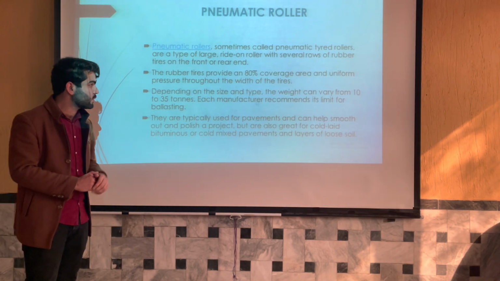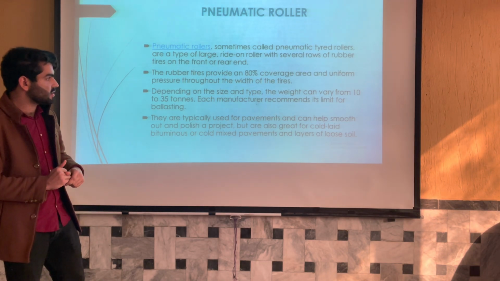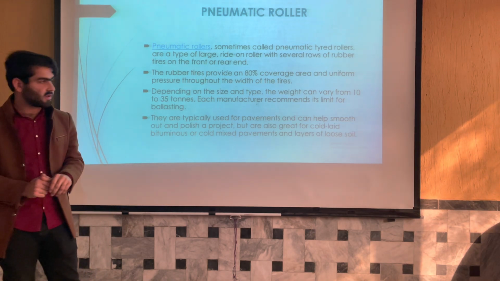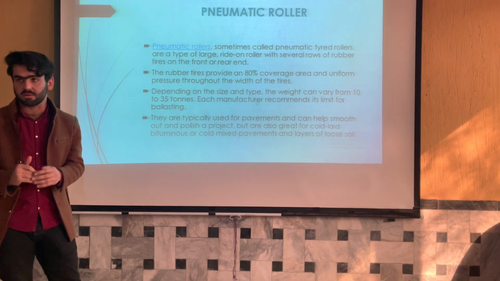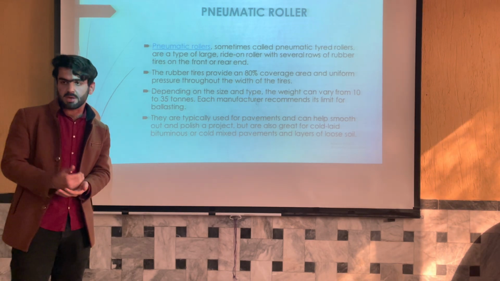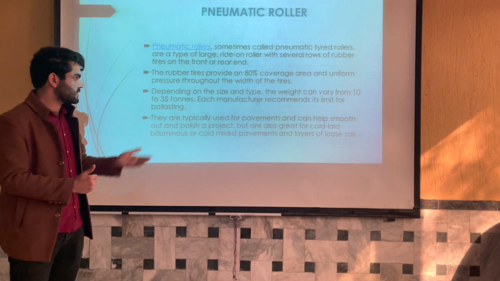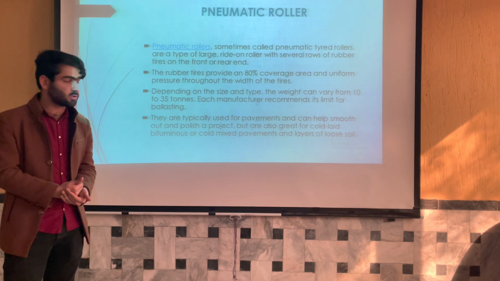These roller tires provide an 80% coverage area and uniform pressure throughout the width of the tire. So this is very efficient, because it does not make the compaction irregular. Usually it covers 80% of the area on which it is passing.